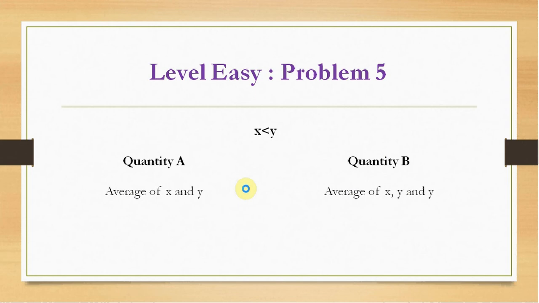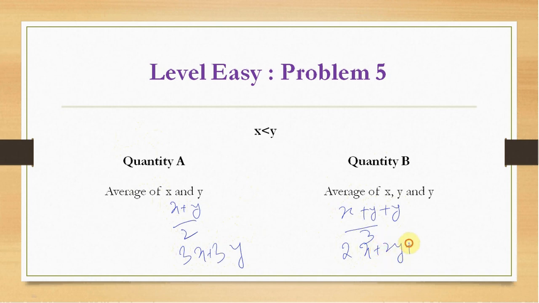Now we move to question number 5. Just like question number 4, we can solve this question by simplifying the expressions. Here this is x plus y over 2, and this is x plus 2y over 3. Just cross multiply. This becomes 3x plus 3y, and this becomes 2x plus 2y plus 2y. So this is 3x plus 3y, and this is 2x plus 4y.